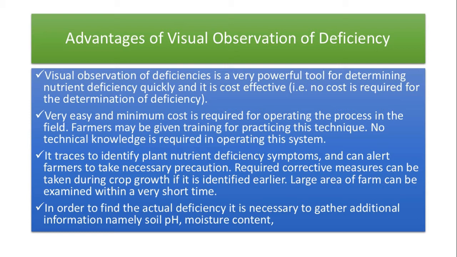Required corrective measures can be taken during crop growth if it is identified earlier. A large area of farm can be examined in a very short time. In order to find the actual deficiency, it is necessary to gather additional information, namely soil pH, moisture content, etc.